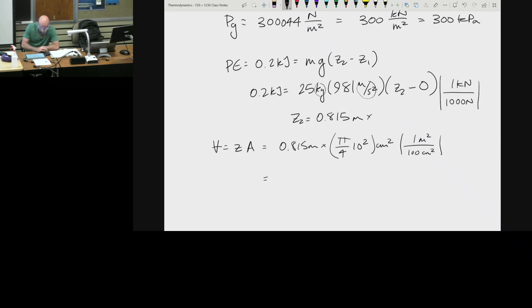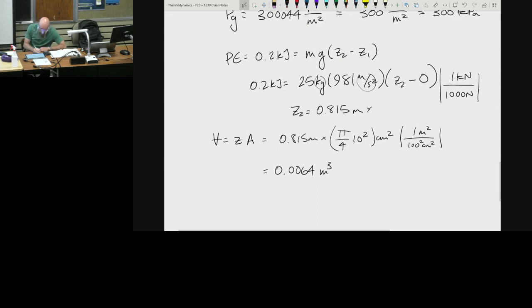We're going to get a volume change of pi over 4 times 10 squared divided by 100 squared, which gives a volume change of 0.0064 cubic meters. Not very much. We have a 10 centimeter piston that's moving about a meter in height, which is just ridiculous, but anyway.